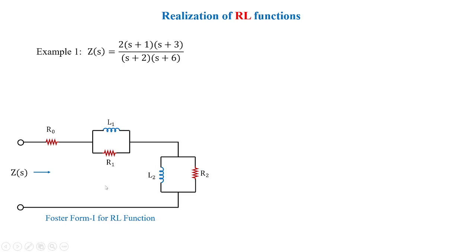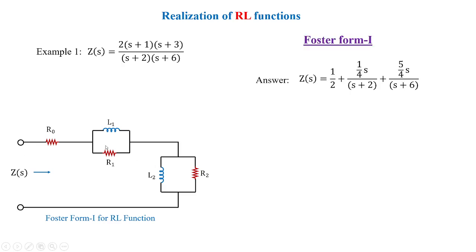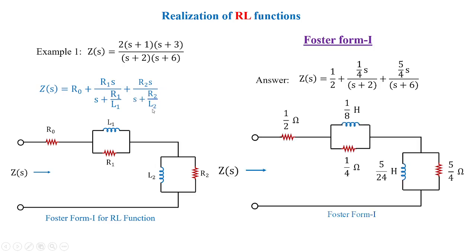Now when the Foster form for RL function is realized in this form with the output as Z of S, we can compare with the original equation of Z of S, which is given by R0 plus R1S divided by (S plus R1 by L1) plus R2S by (S plus R2 by L2). Now with this, I can frame the result of Foster form 1, which is shown over here.